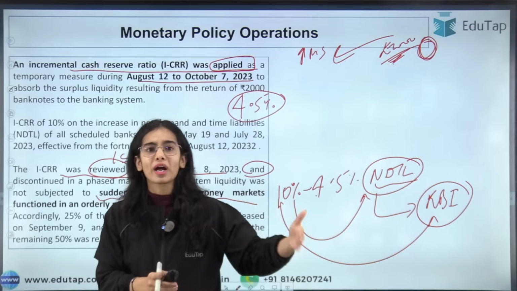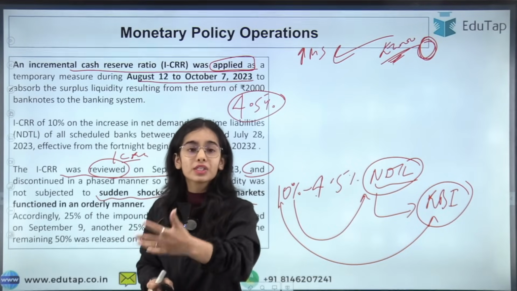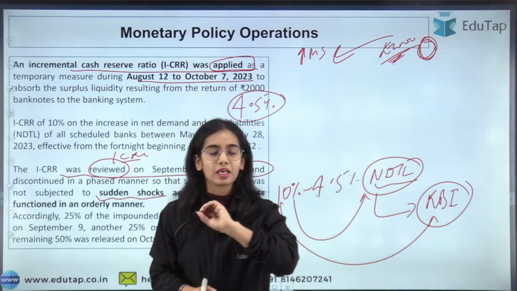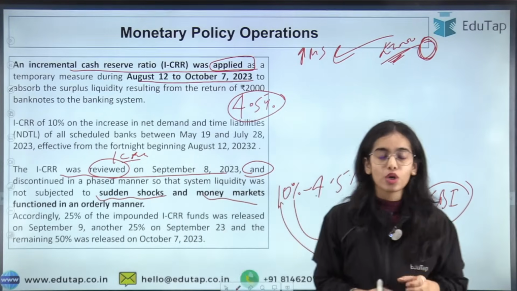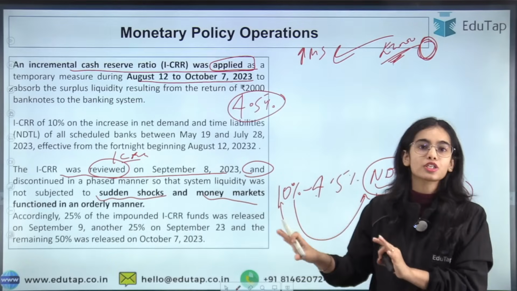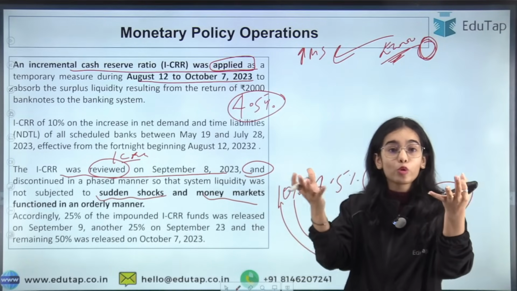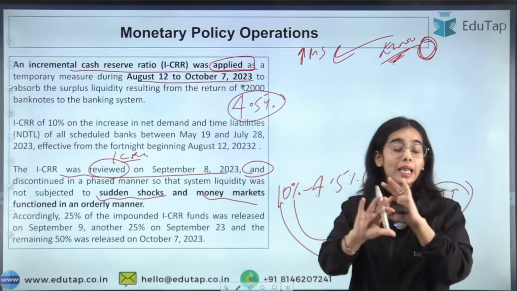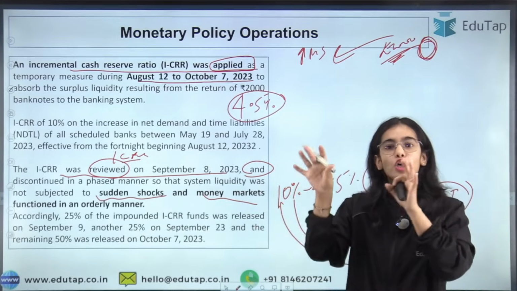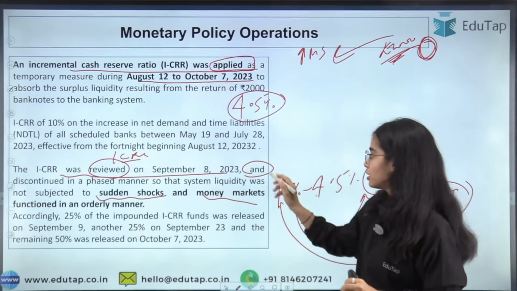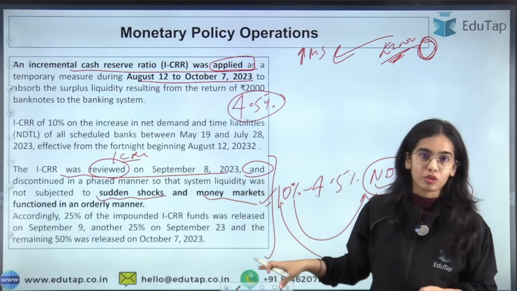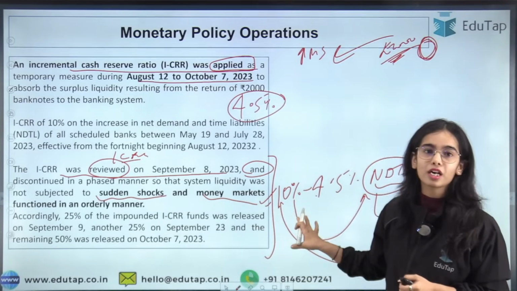Now they can lend for 1 day, for 7 days, for 3 days. They can do short-term lending to other banks and to retailers also. Such a boom in lending should not happen. So to stop that, this was brought. Okay, that incremental CRR will be 10%.